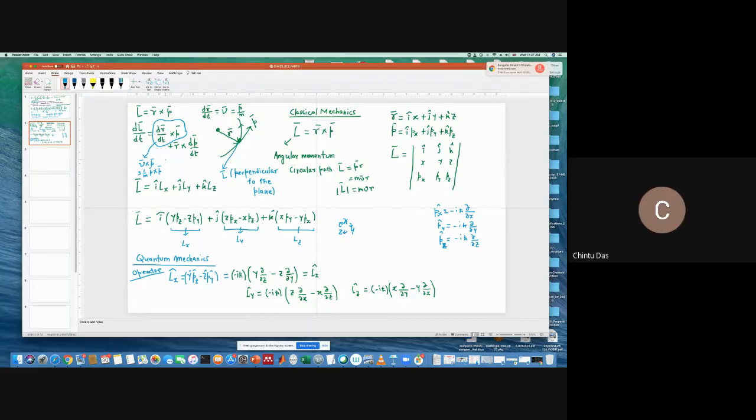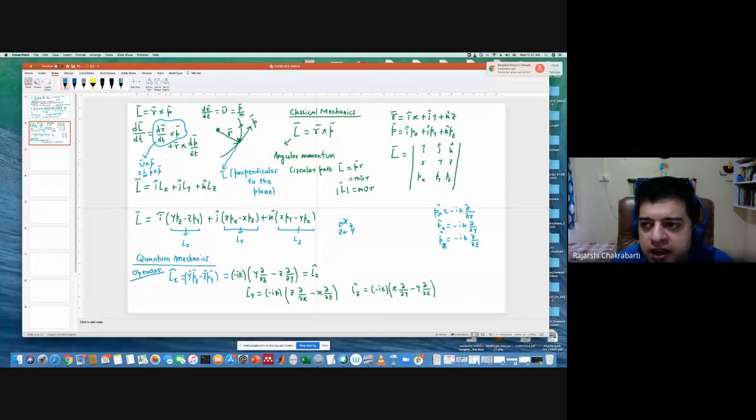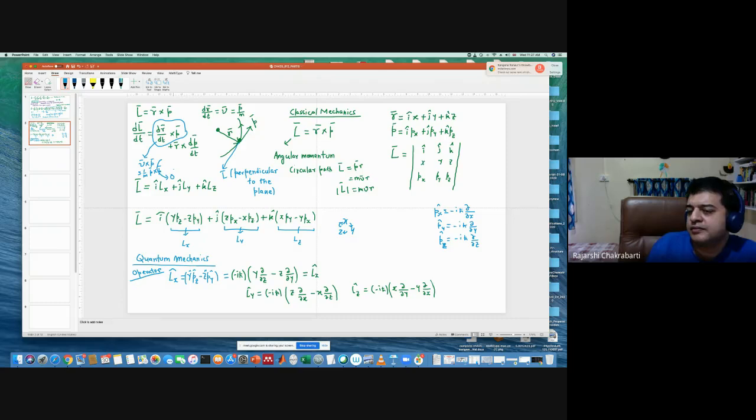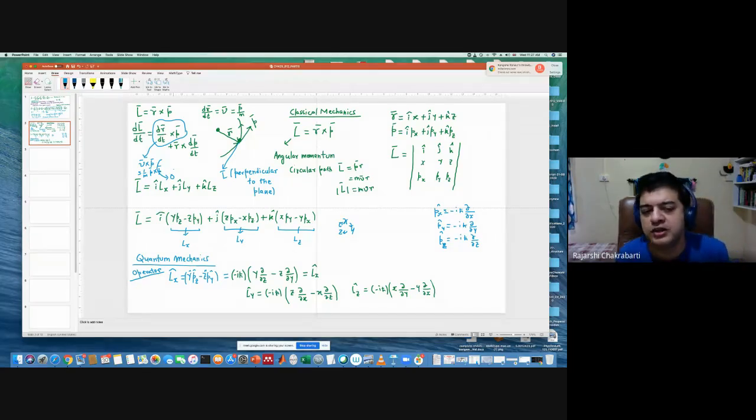It is 0, because the angle between the two is 0, and sine 0 is 0. Remember, p cross p is p magnitude times sine theta. So this term is 0. It is not very difficult, just school, class 11, 12.